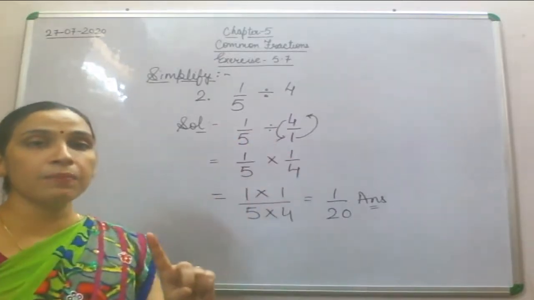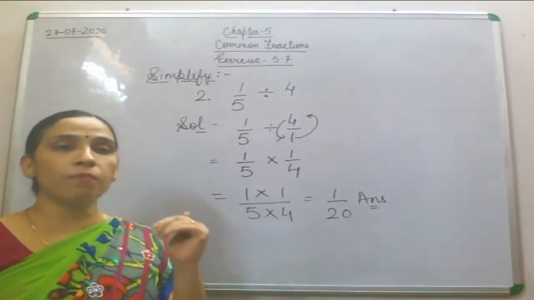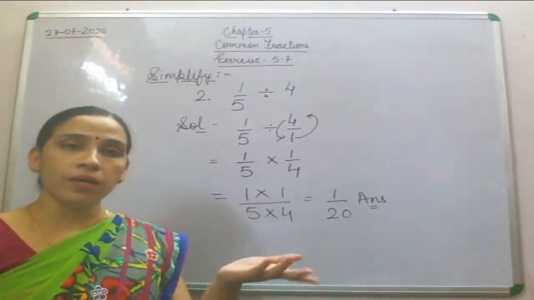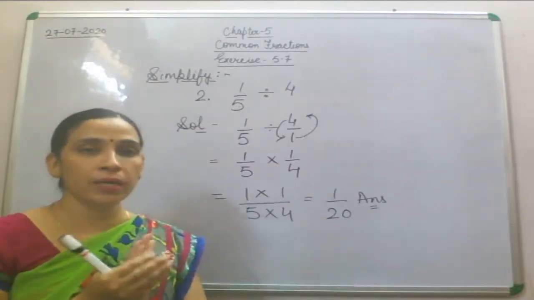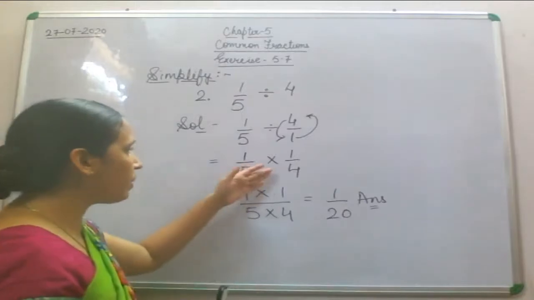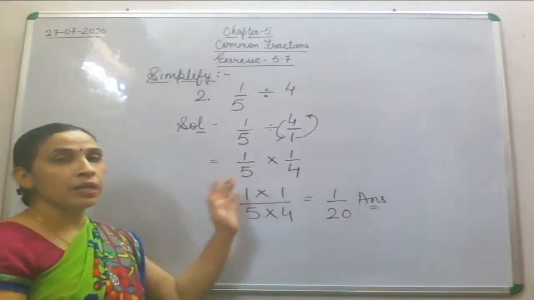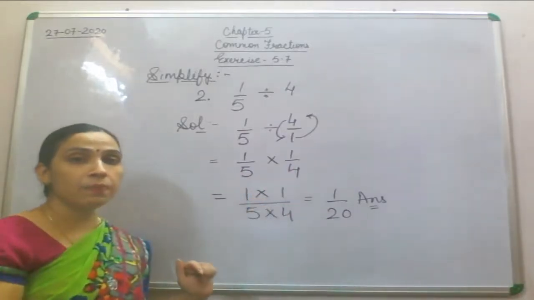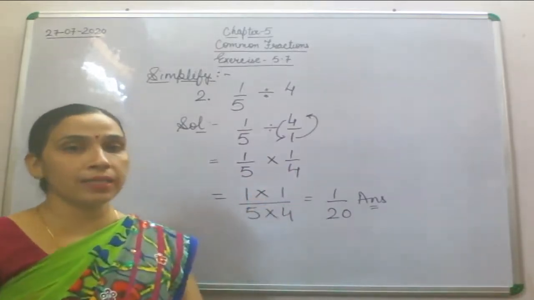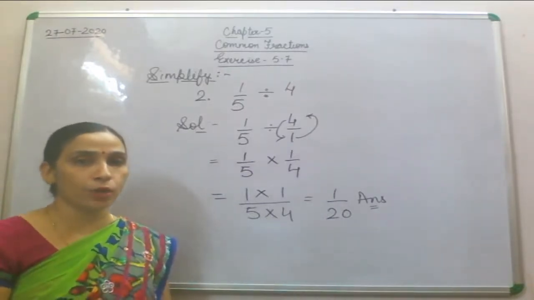After this, the division symbol will be changed into multiplication, and this 4 by 1 will be changed. That denominator will become the numerator and the numerator will become the denominator. The opposite will be there. So now we'll get 1 by 5 multiplied by 1 by 4. Now what is the next step? Numerator will be multiplied by the numerator and denominator will be multiplied by the denominator.